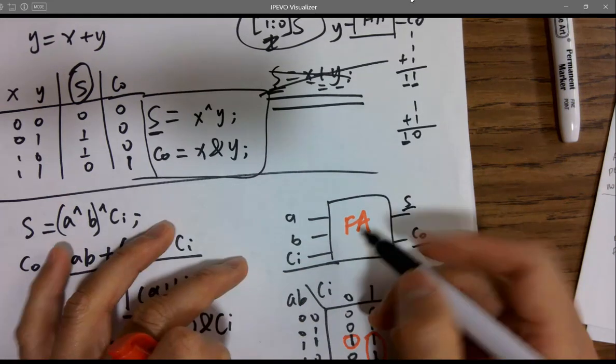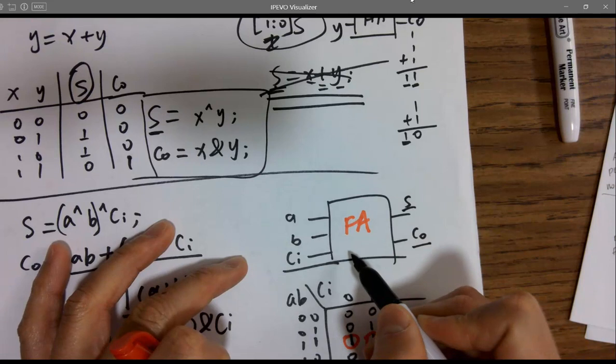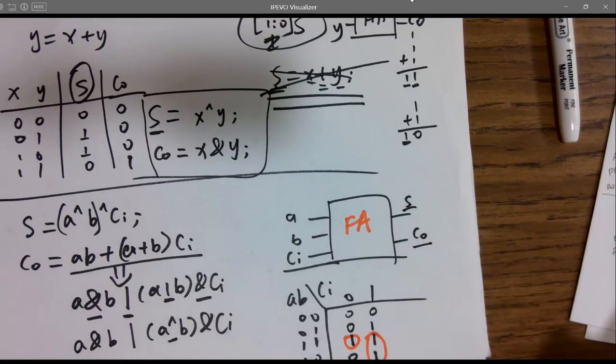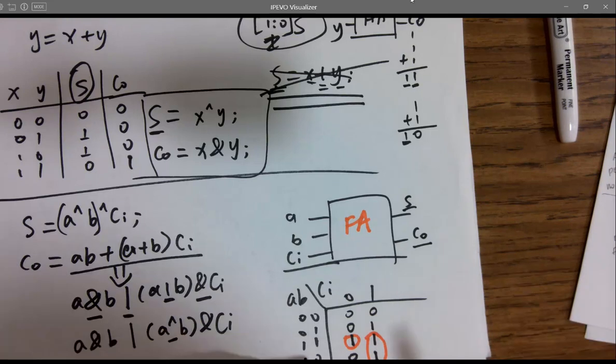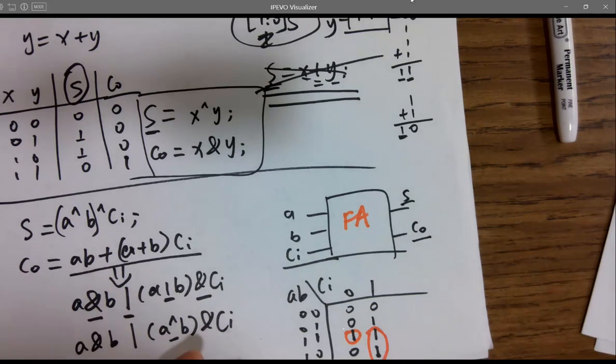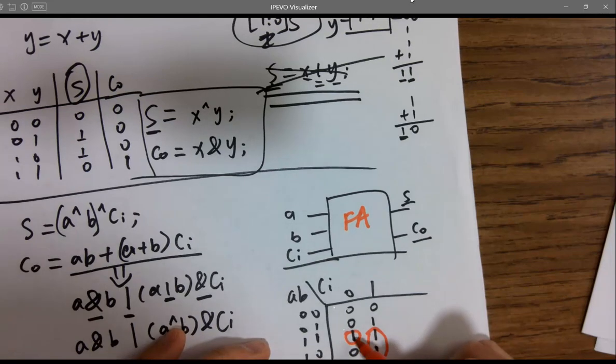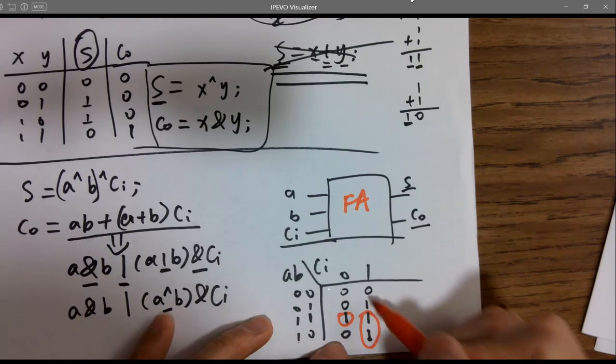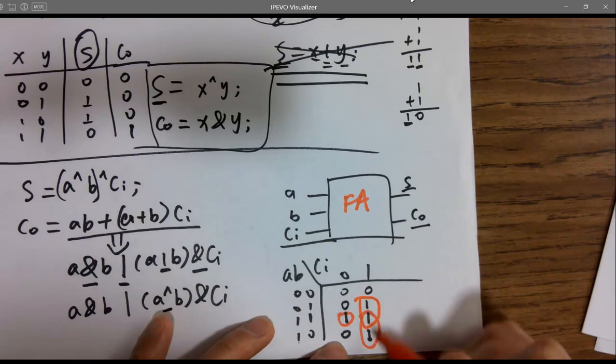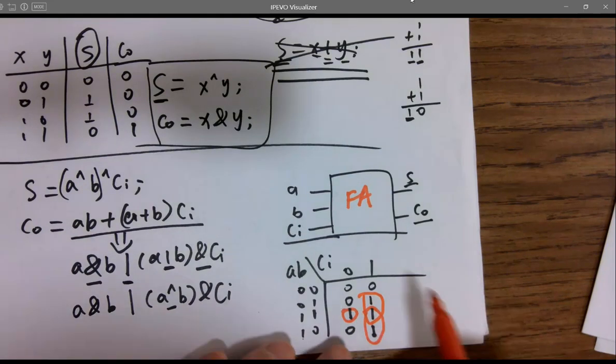So one question here: is this a 1-bit full adder or a 3-bit full adder? 1 bit. 1 bit full adder, right? Okay. So when you are grouping these numbers in the truth table, you can either group this one, single out this one, and group these two and these two to simplify it.